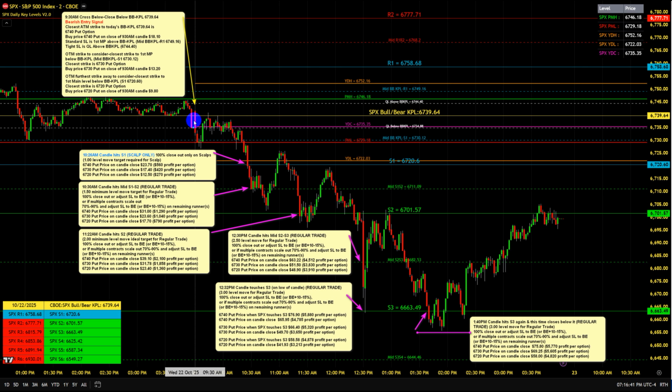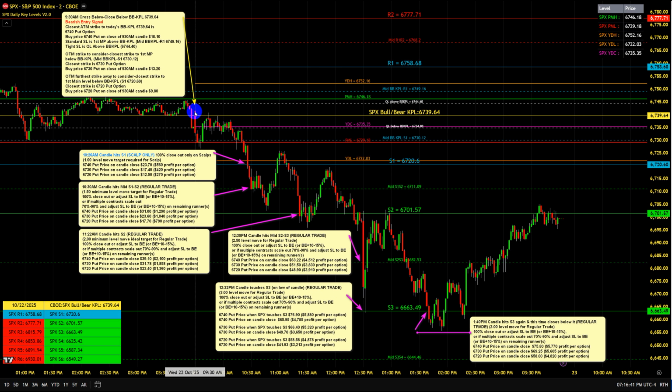There are also other types of bearish signals that you could have on the opening candle. For example, if this candle had instead opened below the bull bear key price level, stayed contained below it, and also closed below it, that is also a bearish entry signal. The main point is that it is closing below the bull bear key price level.